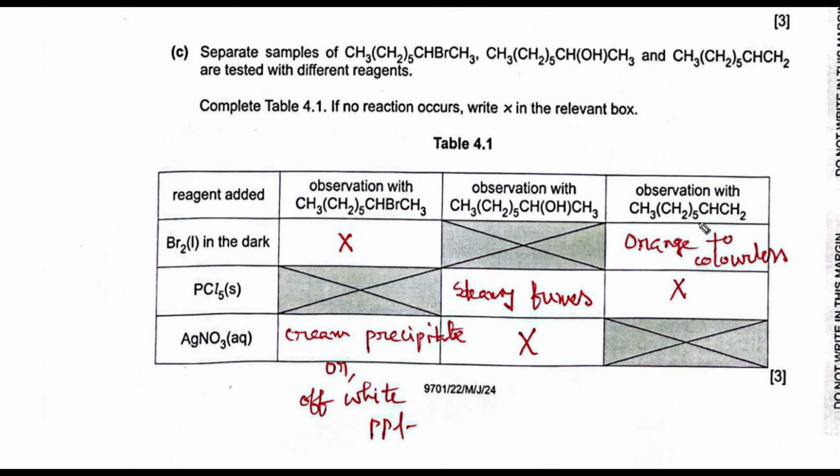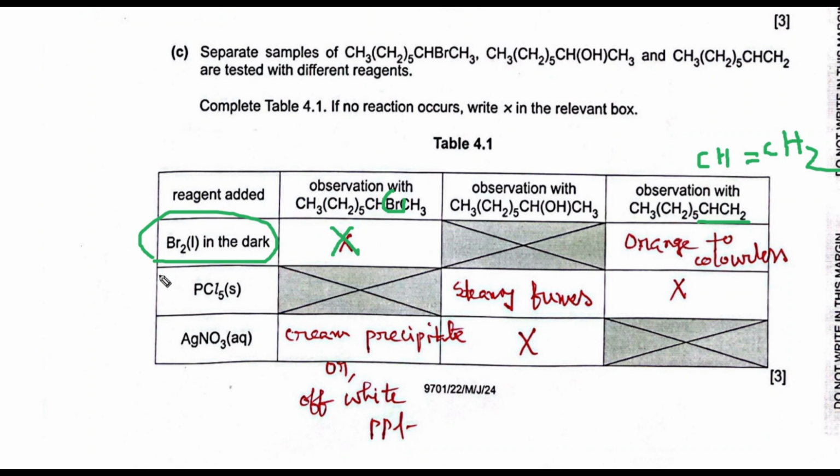So why alkene? This is CH double bond CH2 here. This is an alkene; it contains a carbon-carbon double bond. So if you add bromine water or liquid bromine, bromine does not react with haloalkane, so no reaction.